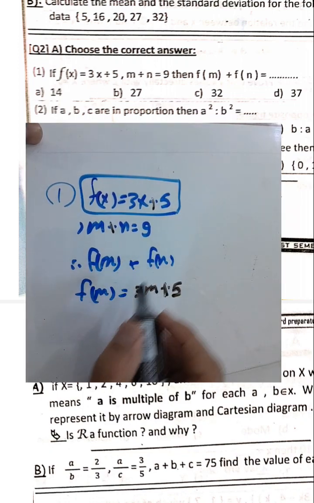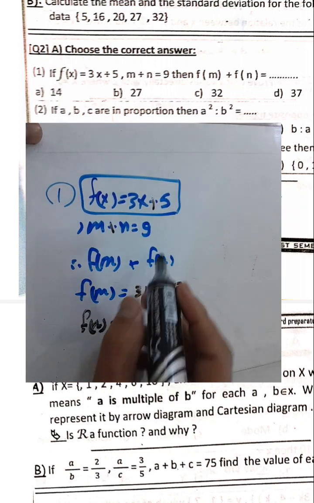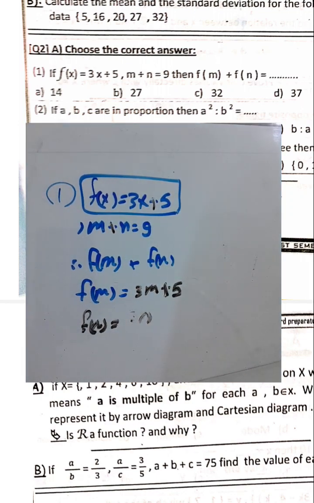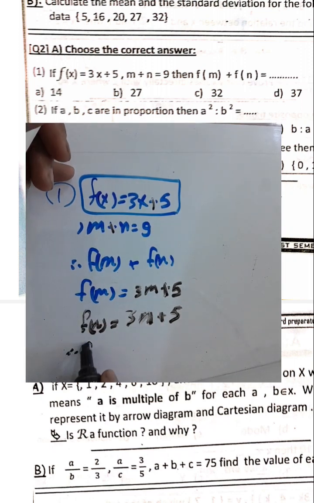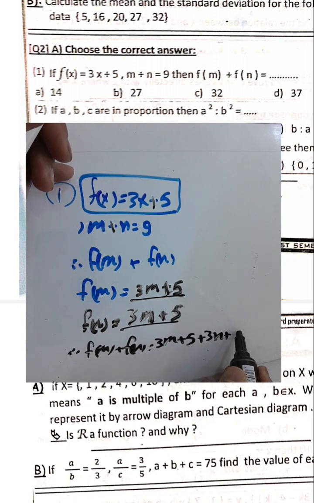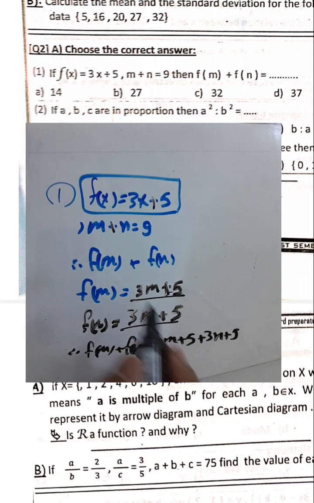And f of n will be 3n divided by 5. He wants to find f of m plus f of n. You can add them: 3m over 5 plus 3n over 5. He gives us this information.